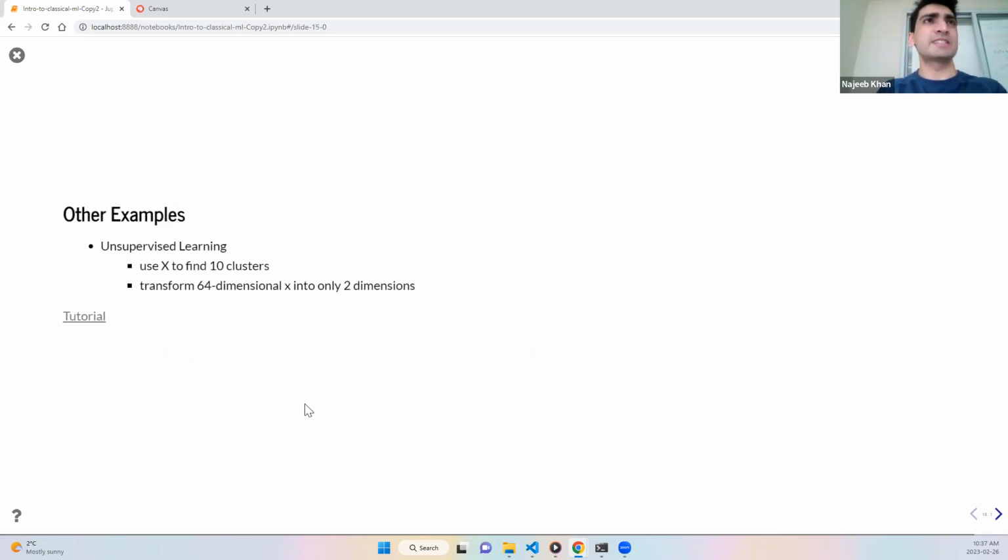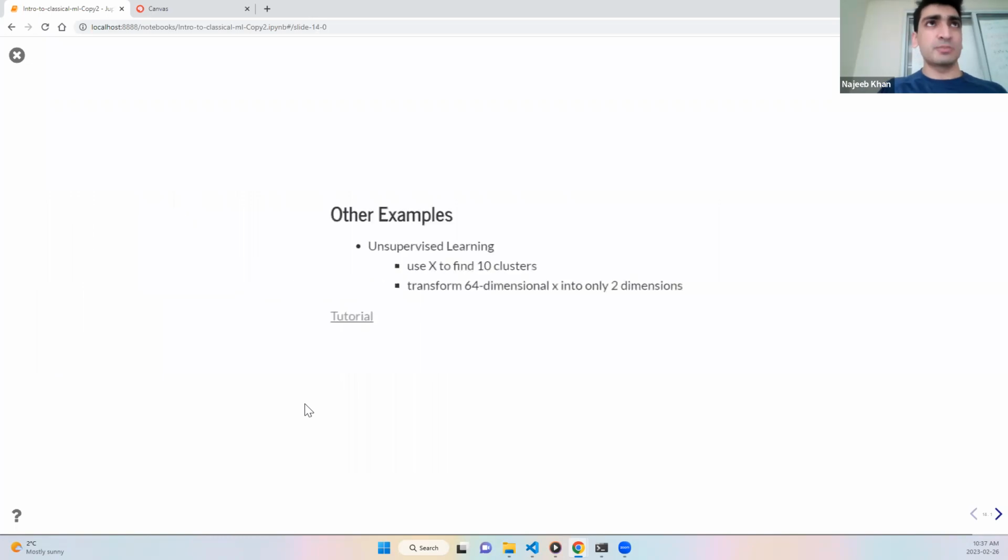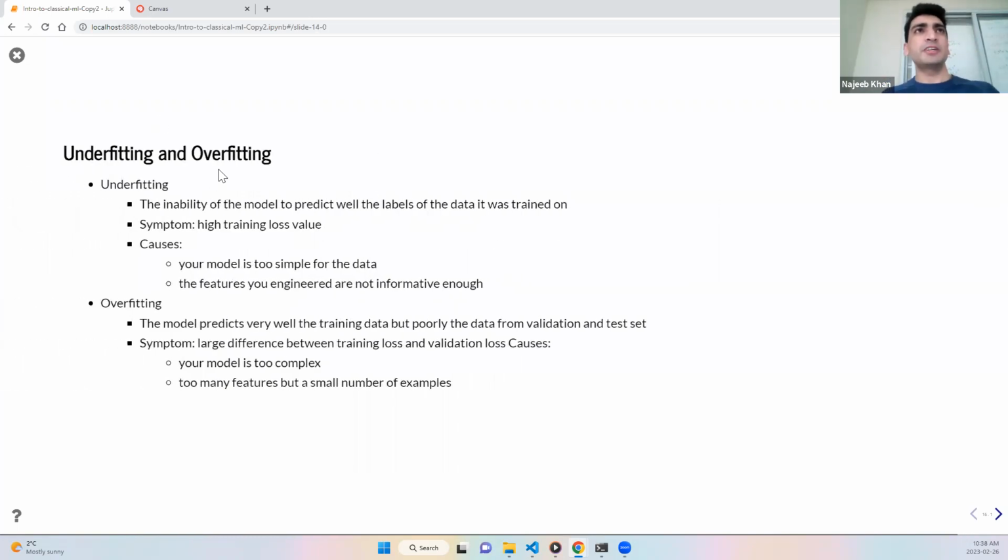Is this my last slide? Yes, so this is my last slide about underfitting and overfitting. Underfitting is a very important concept in machine learning, and it goes back to the idea of which model you will use. The underfitting problem is the inability of the model to predict well the labels of the data it was trained on.